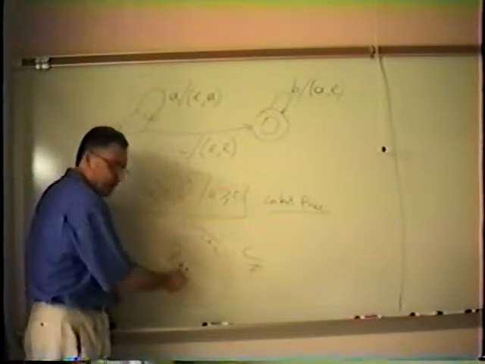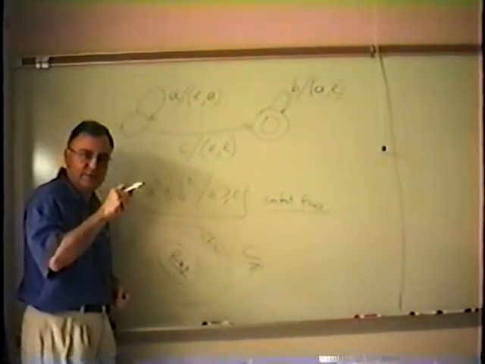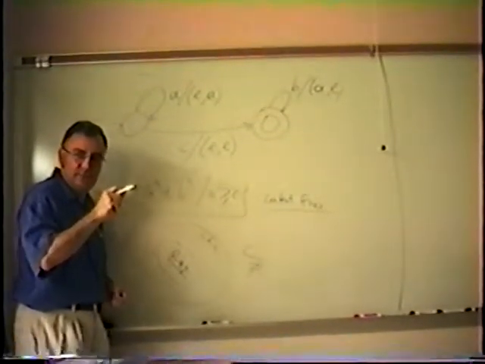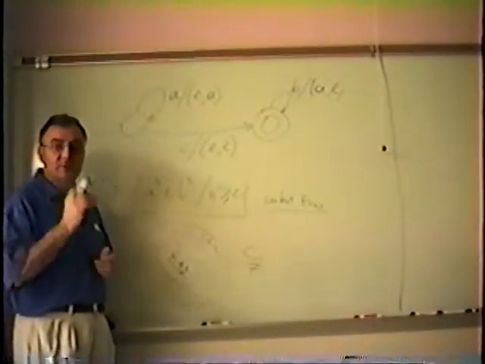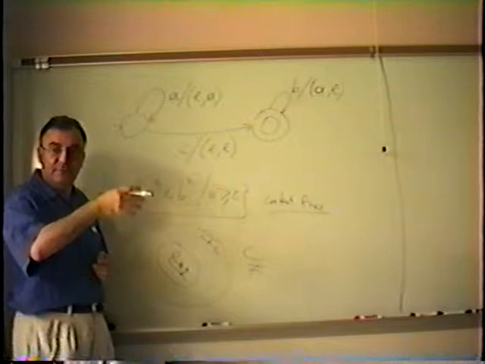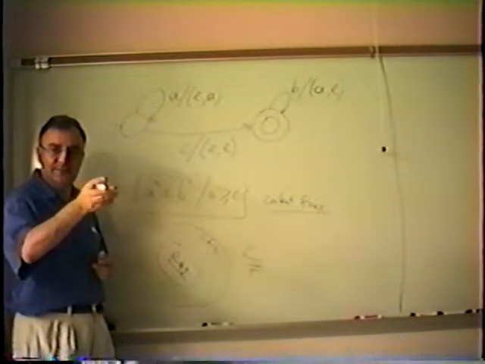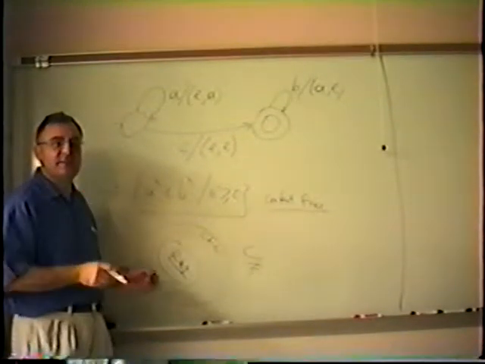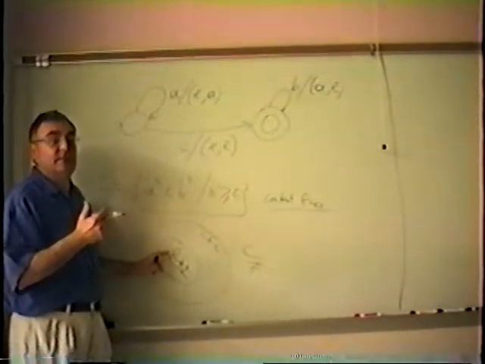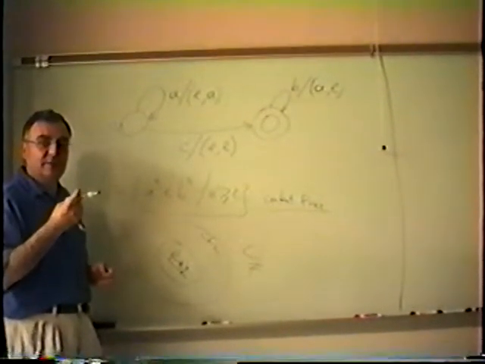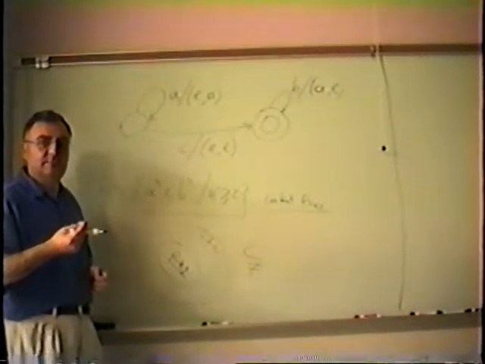If a language is regular, this means there is an FSA for it. Right? So is it also context-free? Yes, because every FSA is also a PDA. So if there is an FSA for the language, there is a PDA for the language. I can take any FSA and convert it to an equivalent PDA.